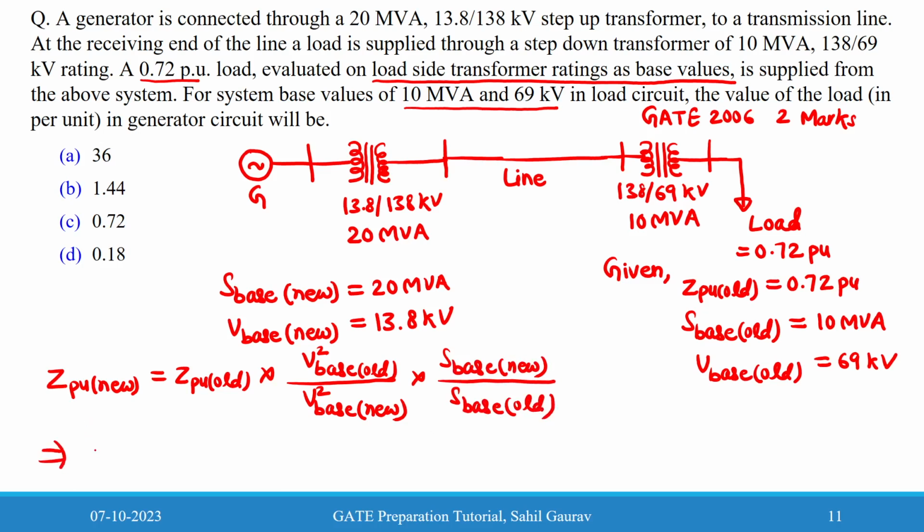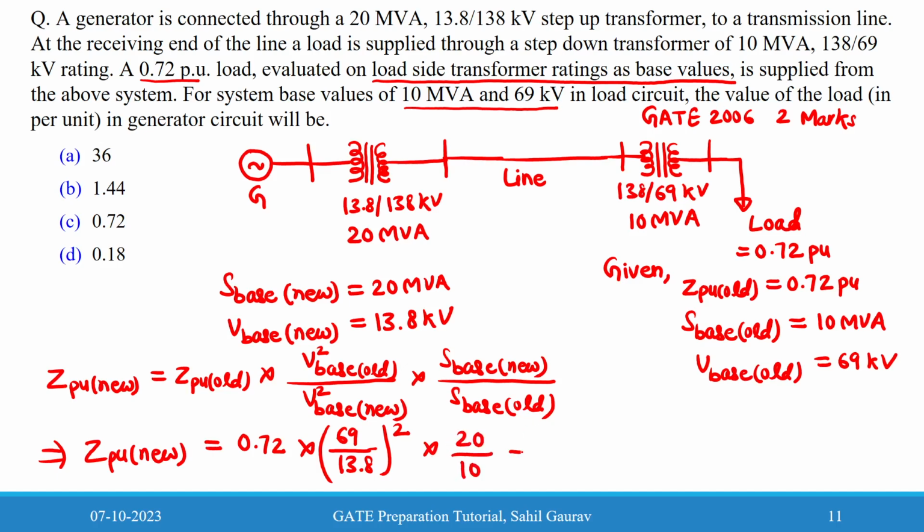So we get Z per unit at the newer base quantity: Z per unit old is 0.72, V base old is 69 divided by 13.8 whole square, S base new is 20 and S base old is 10 MVA.